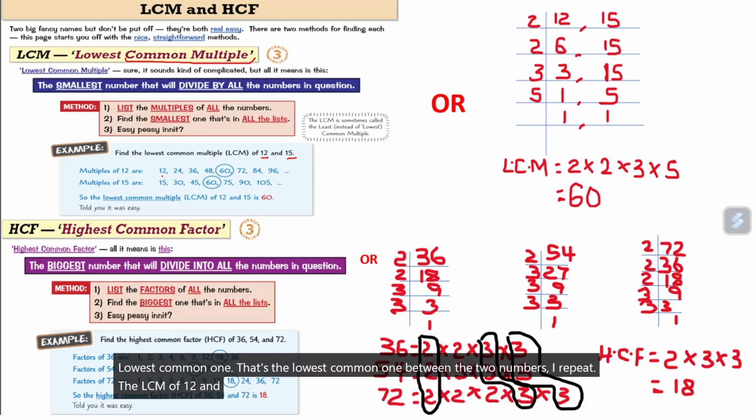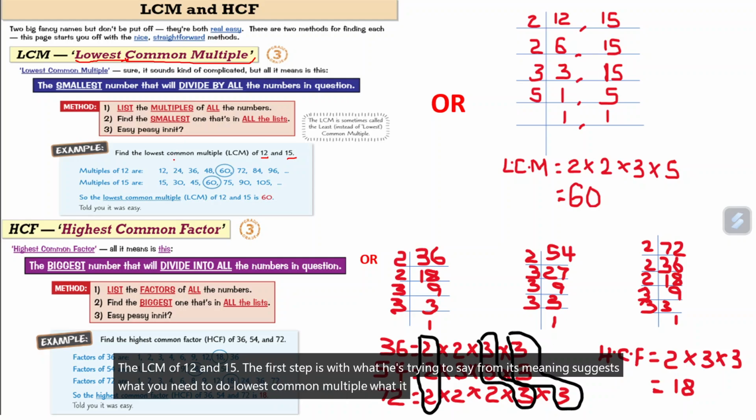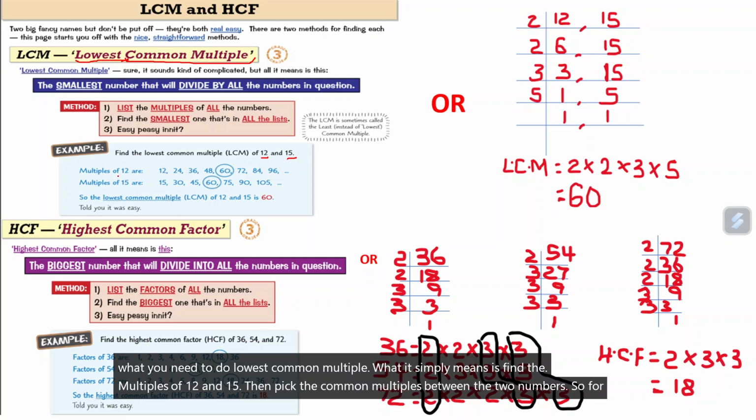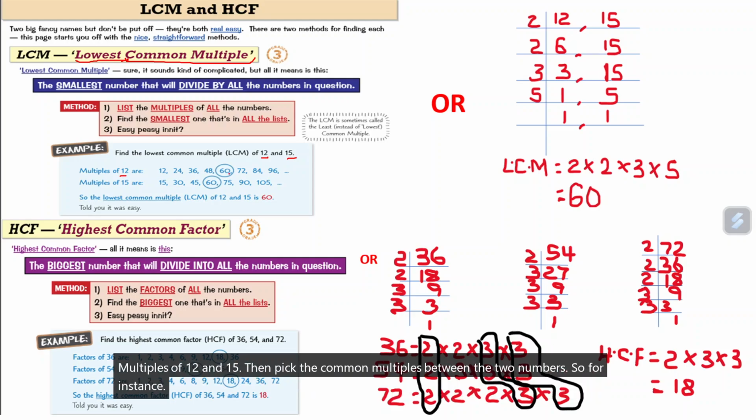What it simply means is find the multiples of 12 and 15, then pick the common multiples between the two numbers. So, for instance, the multiples of 12 are this.